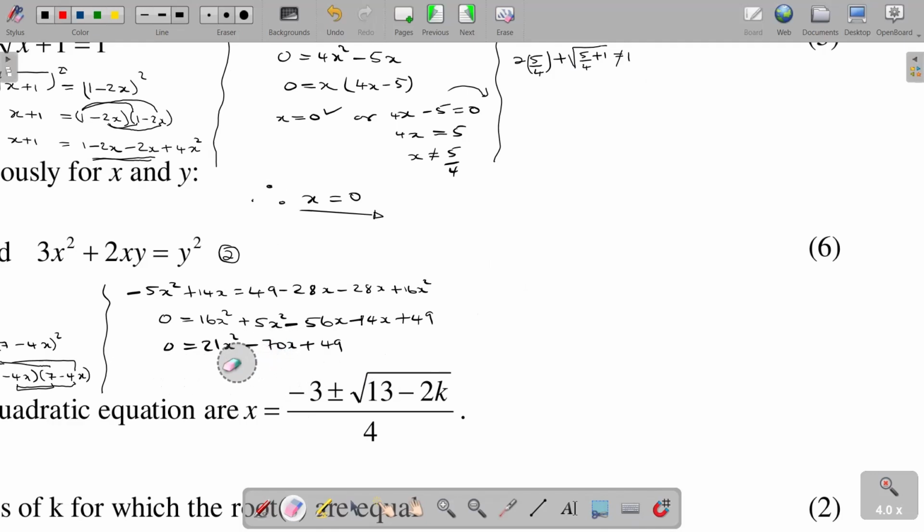So from there, we are going to apply the quadratic formula. So the quadratic formula with what? A equal to 21, B equal to negative 70, then C equal to 49.